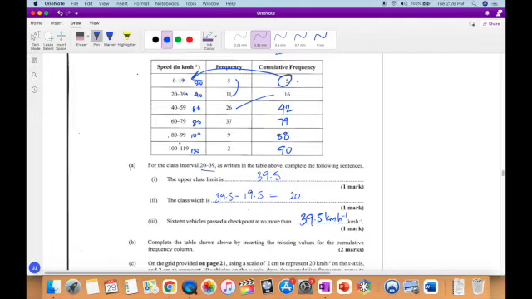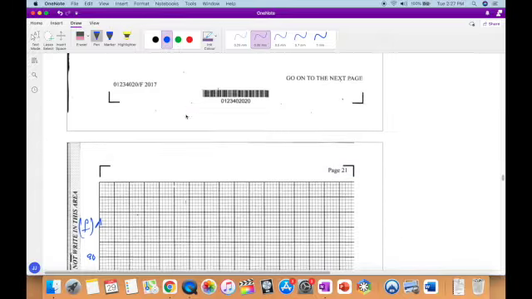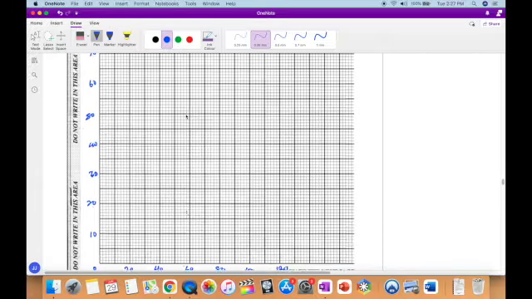So 19, 39 actually. Alright, so I will just plot this cumulative frequency to the upper class limit, 19, 39, 59, 79. So I have 5, 16, 42, 79.